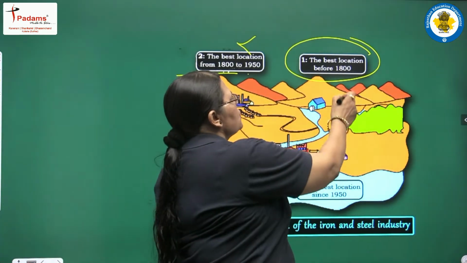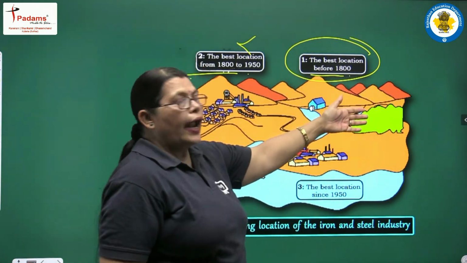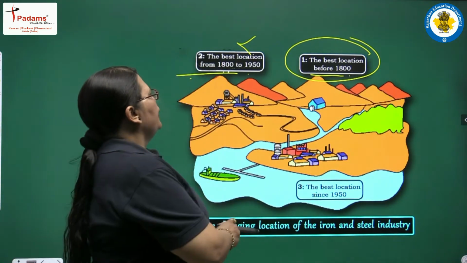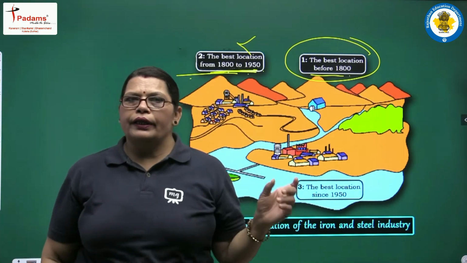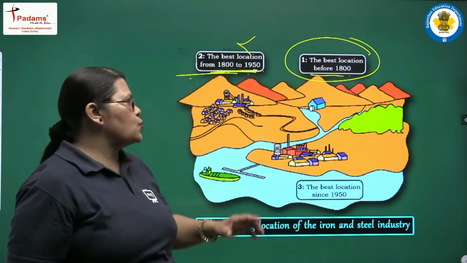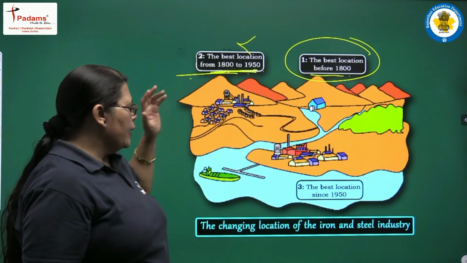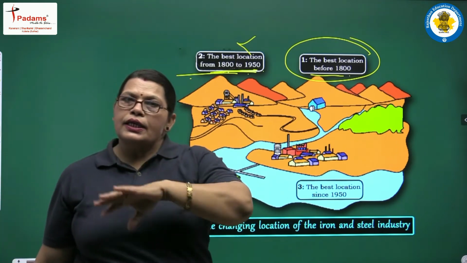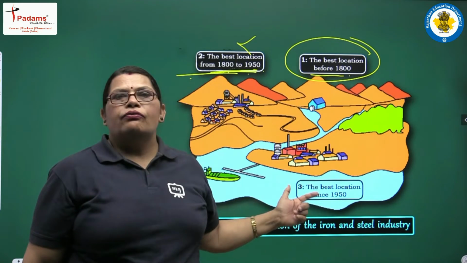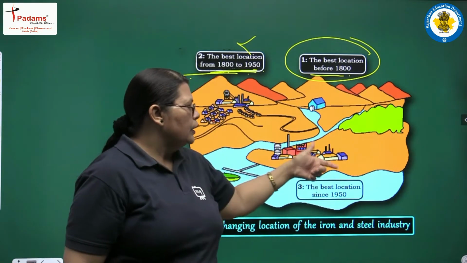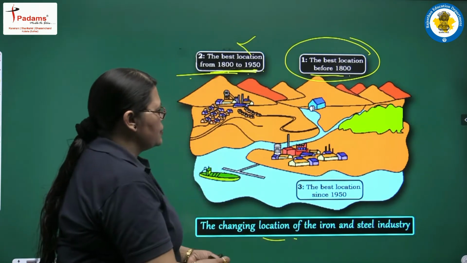So, the best location before 1800 AD is this one, and in between 1800 to 1950, students, these were the best locations. But when we change to since 1950, yes, since 1950 the best locations are these. See the changing location of iron and steel industry.